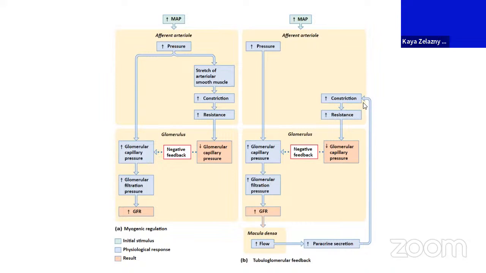So they're going to cause constriction in that afferent arteriole, increasing the resistance of the arteriole. So we're lowering flow to the glomerulus and therefore dropping down that glomerular capillary pressure. So this is another way that we are keeping that glomerular filtration rate from going up and up and up and causing us to lose too much fluid.